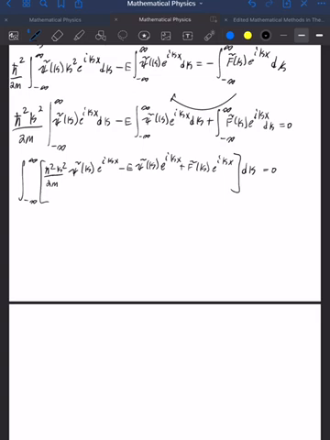Notice that every single term within this integral has a factor of e to the I kx, which also means that we can factor out the e to the I kx, which is exactly what we're going to do.